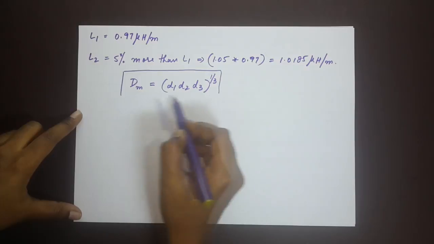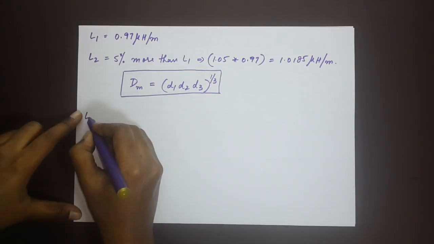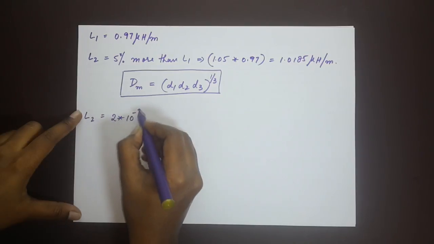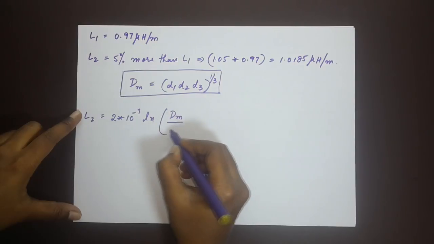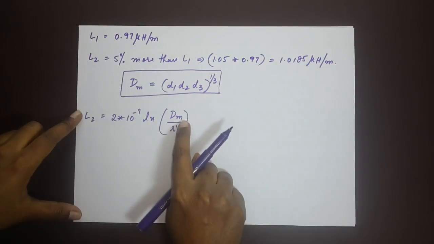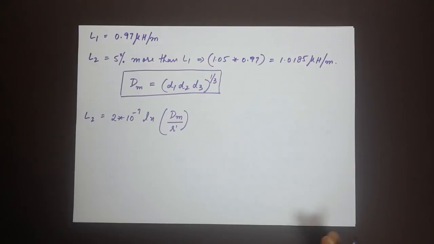This is a formula that you have to remember. Now L2 can be written as 2 into 10 power minus 7 ln of dm by r dash. So dm is the distance for a single three-phase circuit. Now since we have 3 conductors, we need to find out the distance d.